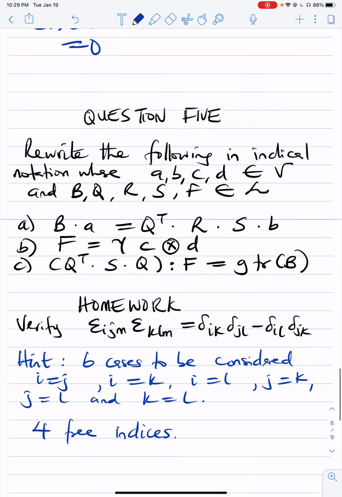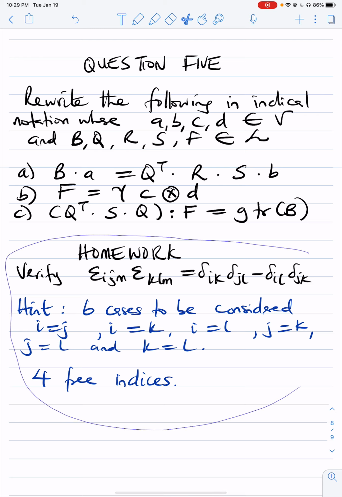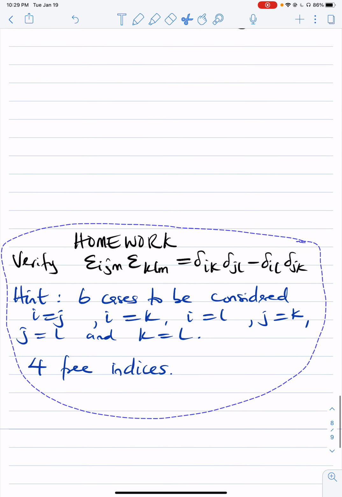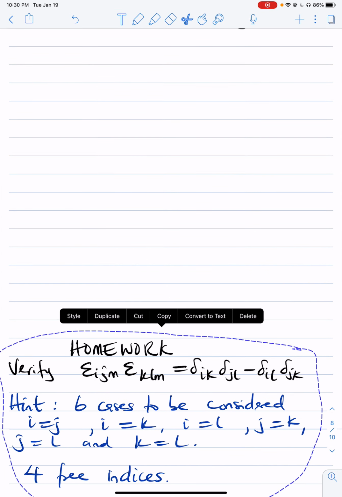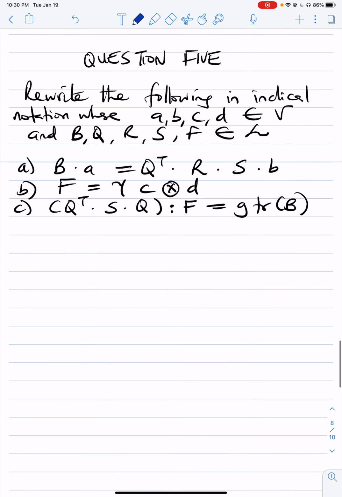So the last question, question 5. It's pretty straightforward, but it's just to give you an idea of how to write in indicial notation. When you see indicial notation, it's still the Einstein notation, or index notation, we've been talking about.